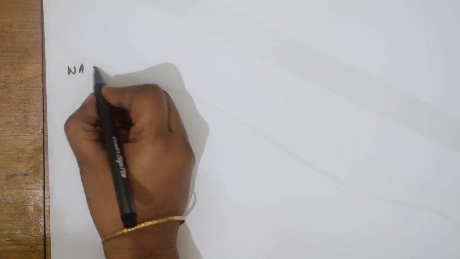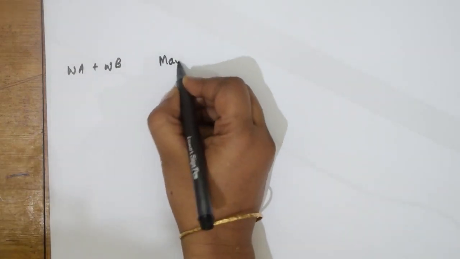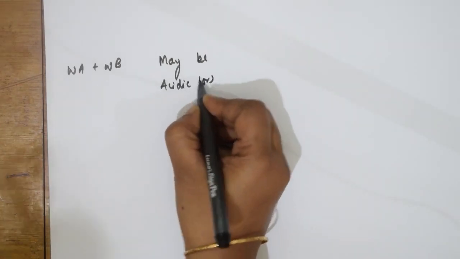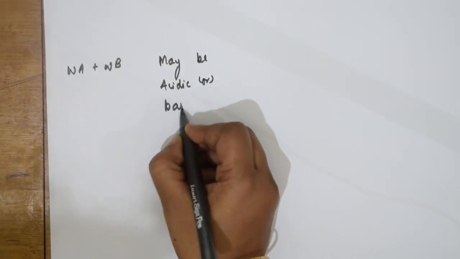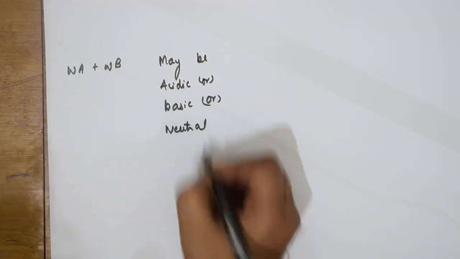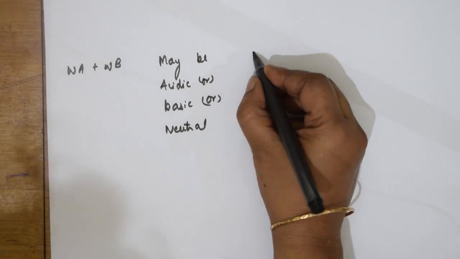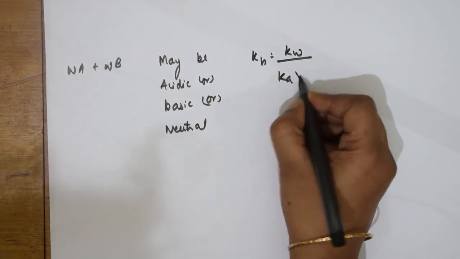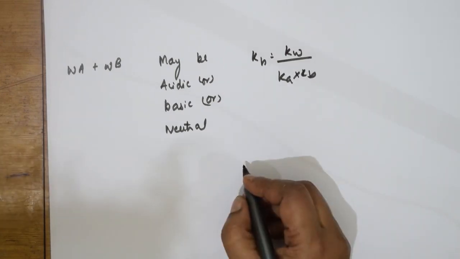Right. The next one. The last combination is a combination of weak acid plus weak base. Nature would be, it may be acidic or basic or neutral. Hydrolysis constant Kh is equal to Kw by Ka into Kb.